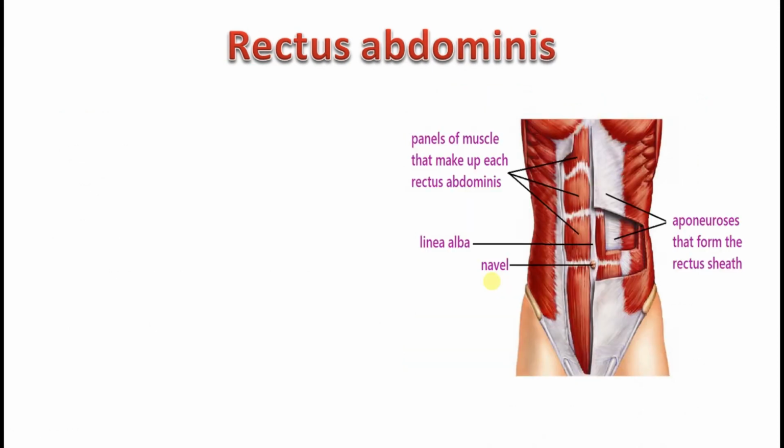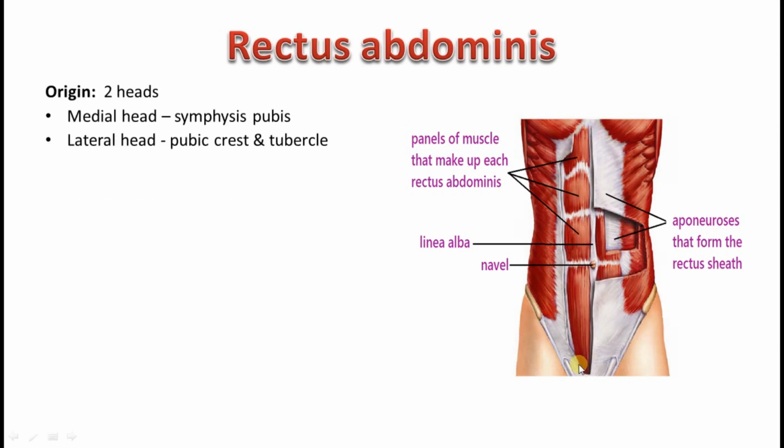So coming to the rectus abdominis muscle. Rectus means it is straight. It arises from two heads, a medial head and a lateral head. Medial head is from the pubic symphysis and lateral head is from the pubic crest and the tubercle.